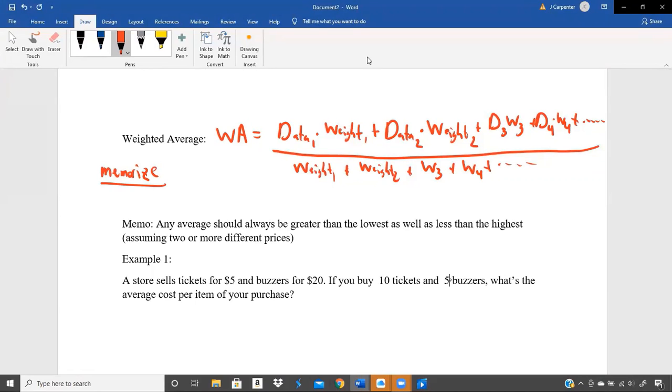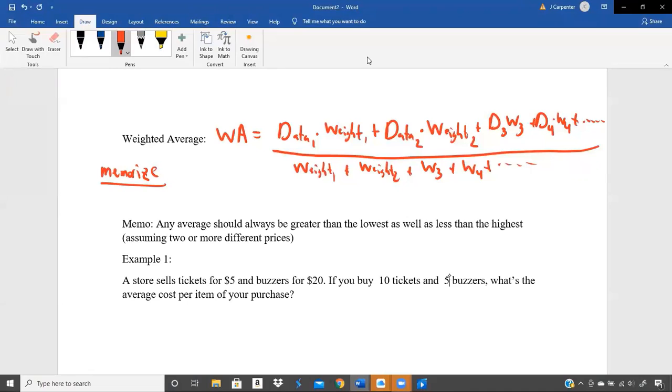So we got the $5 tickets and we're selling 10 of them. So is it buying more or less tickets that would make the average closer to that, or is it increasing or decreasing the price that would make the average closer to the number of tickets or the number of buzzers? See, when you try and think about things the wrong way, it doesn't feel like it makes sense.